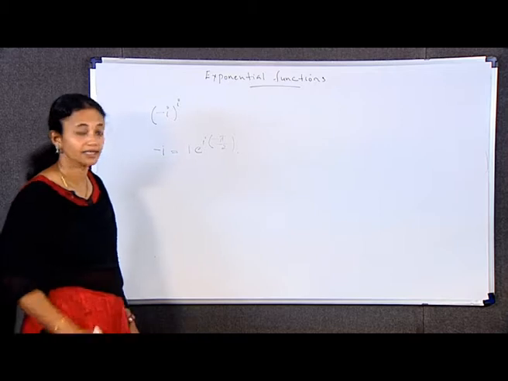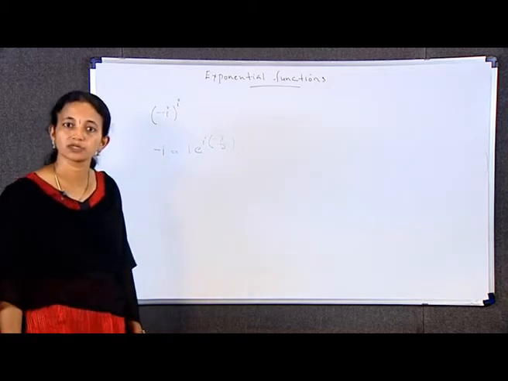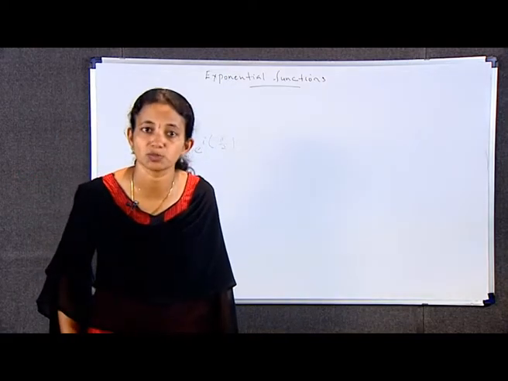That is, I can write minus I is equal to 1 into e raised to I into minus pi by 2.